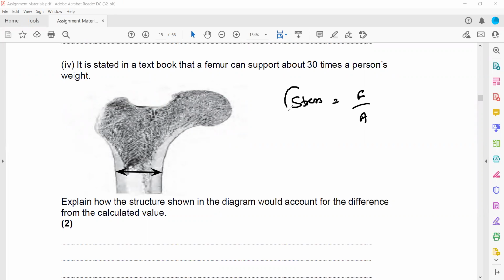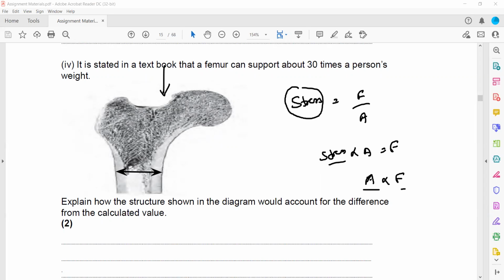If the compressive stress, the force on unit area, is constant, then we can write stress times area is equal to force. So it means area and force are directly proportional if we want to keep the stress constant.